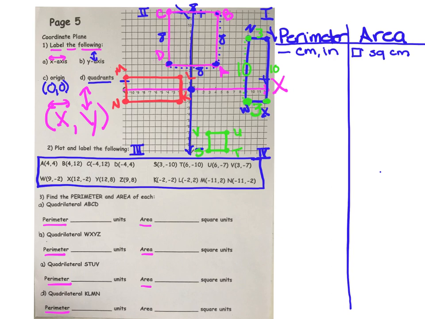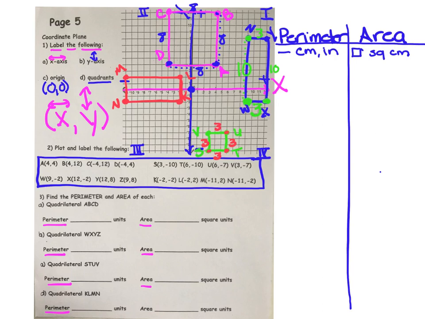Let's quickly move on to the next. Let's talk about figure STUV. This is clearly a perfect square. From S to T, the length of this side is 3, and from T to U, this is 3. It's a perfect square. Please label each side 3. And let's finish up with KLMN.